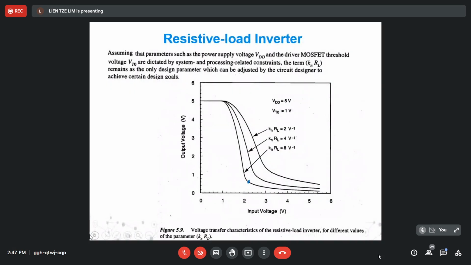So this one is wrong. We should take at this point. This is 5 volt. 5 volt is the VOH. We should follow here. This is the VOH. So at this point, we can determine the VOL.